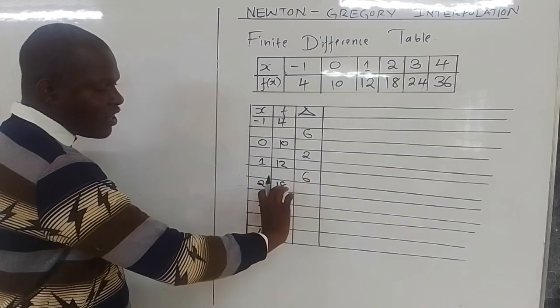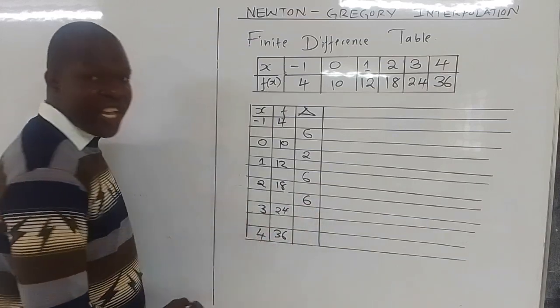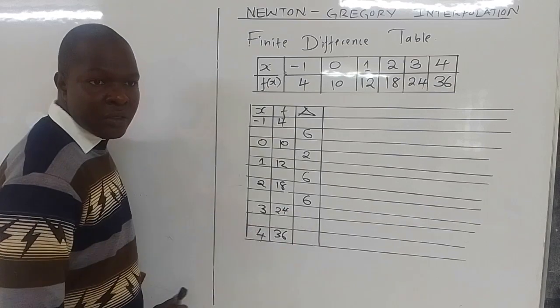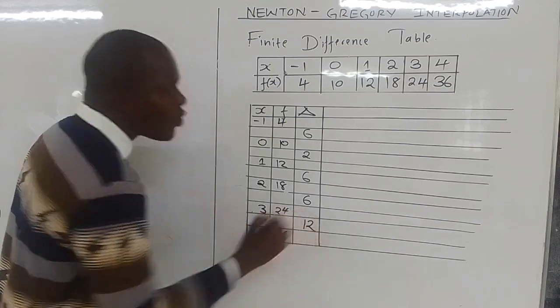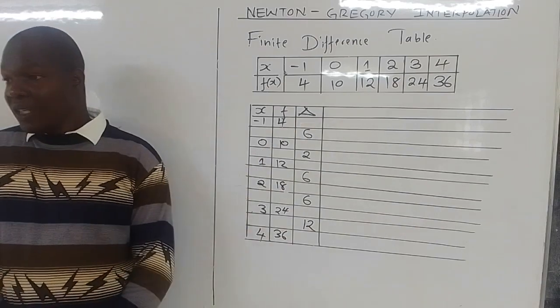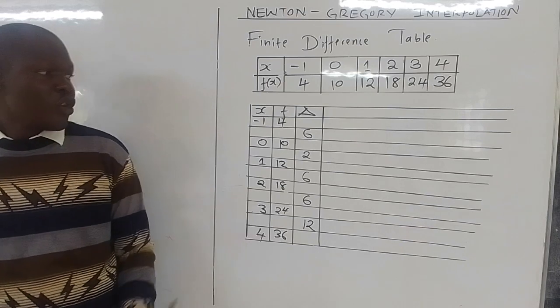Then you move on, the difference between these two values, 24 minus 18, 6, isn't it? Then the difference between these two values, 36 minus 24, you have 12. So you see, you found the first finite difference. Are we together? The difference is denoted by the delta.